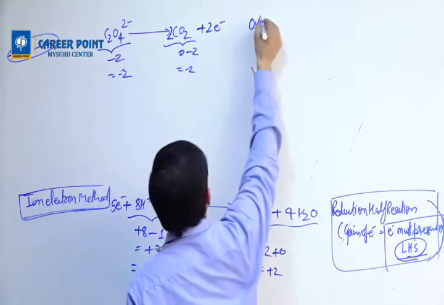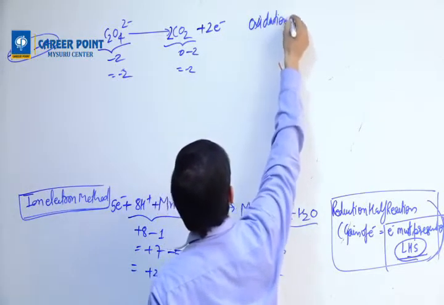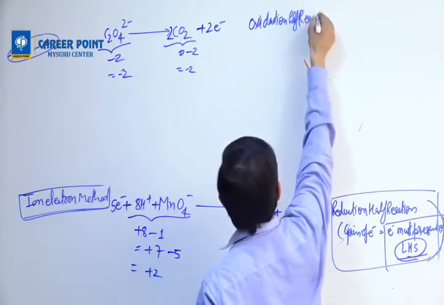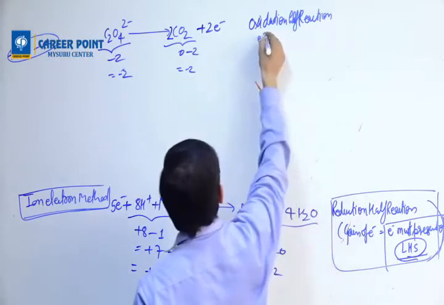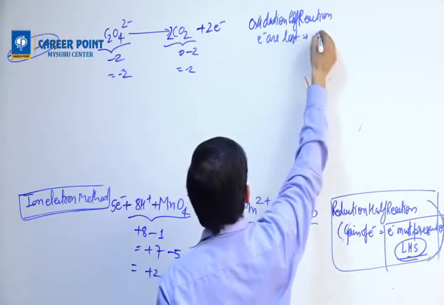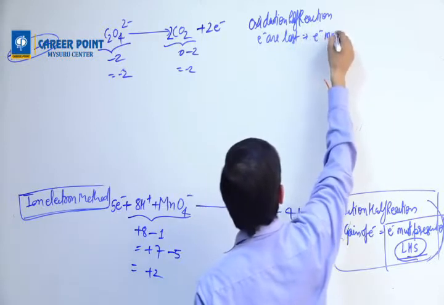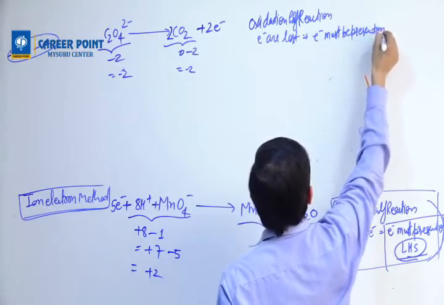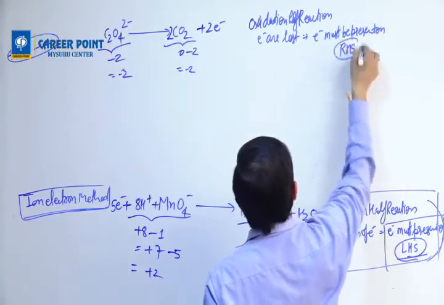This becomes oxidation half reaction because electron are lost. If electron are lost, electron must be present on RHS side.